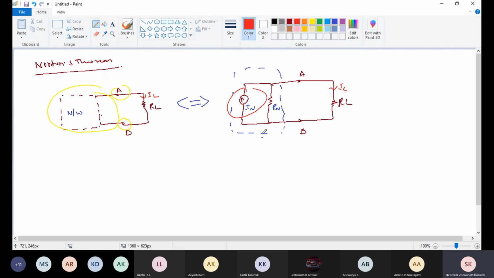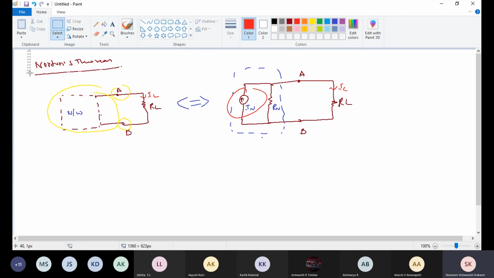In the sense, whenever they ask questions like find the current through 10 ohm resistor, one circuit is given, then for finding IN we need to short that 10 ohm resistance. Now we'll see one problem, then we'll get to know.